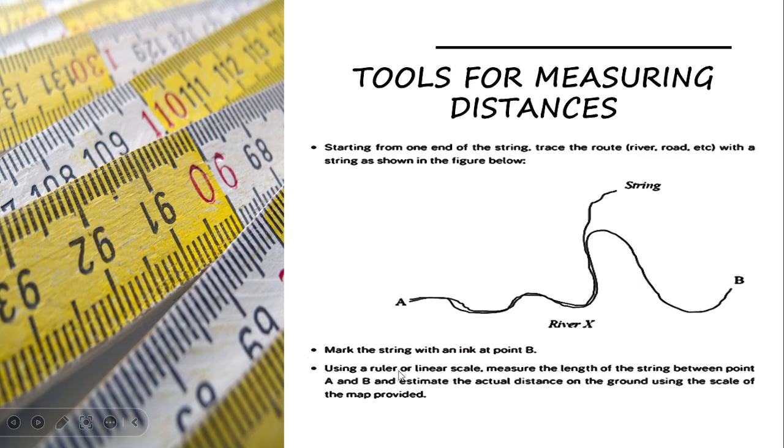Now using a ruler or a linear scale, measure the length of the string between point A and point B and estimate the actual distance on the ground using the scale of the map provided. So you will have already measured that kind of distance using a thread or a string.